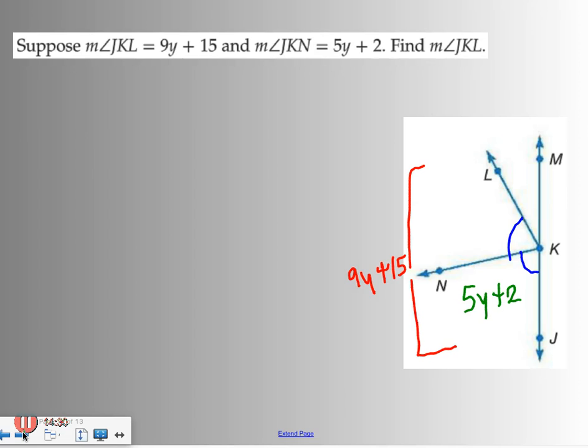What's the relationship between JKN and JKL? JKL is twice as big. Right, this guy's twice as big as this one. So what's an equation I can write so I can set those two things equal to each other? It'd be easier to double this because we won't get decimals. So I would write 9y plus 15 equals 2 times.